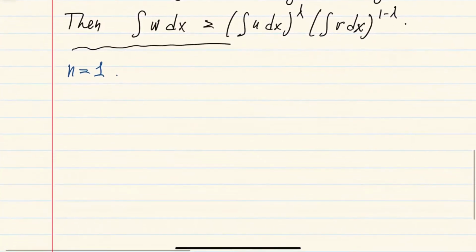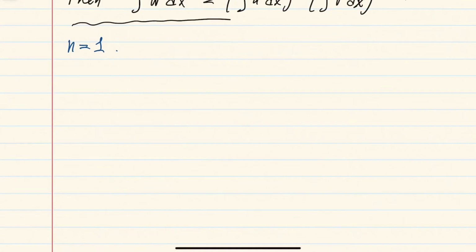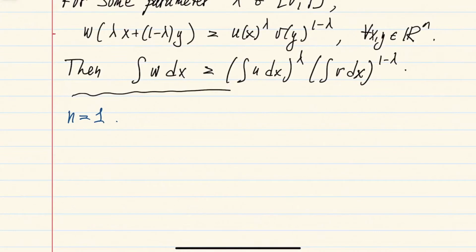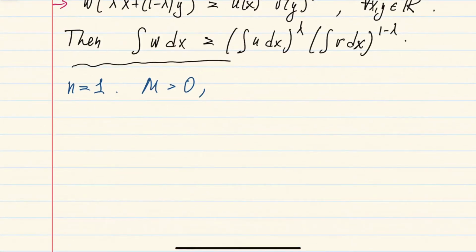And the way we use it is, first of all, we notice that the condition on these three functions is homogeneous to truncation and rescaling. So first of all, if you have this condition, you can assume that the functions are bounded, because once you have this condition and you take an arbitrary large number m, then if you truncate these functions at the level m, you still have the same relationship.